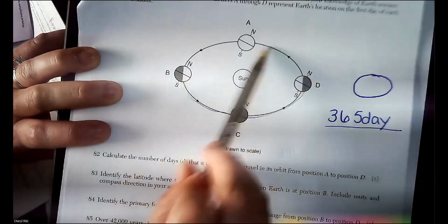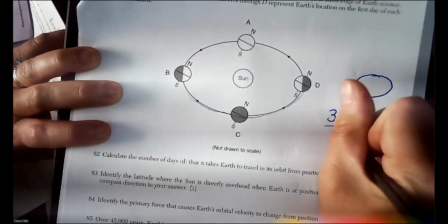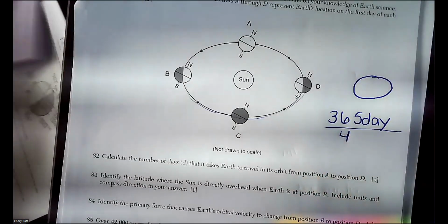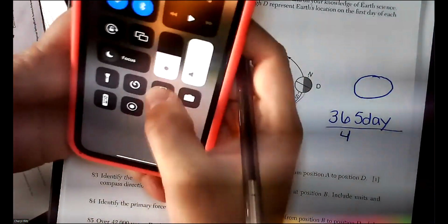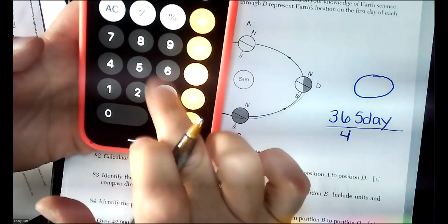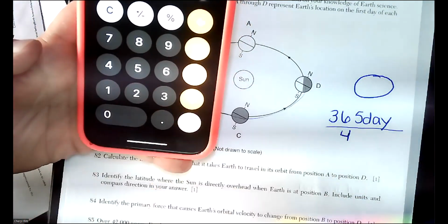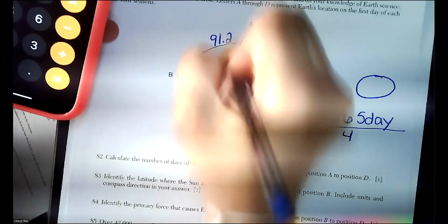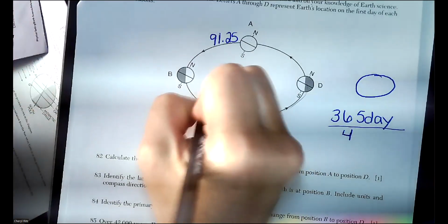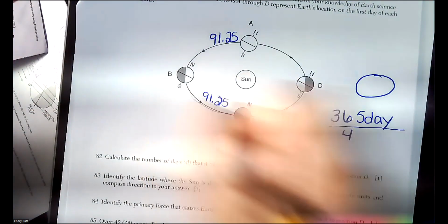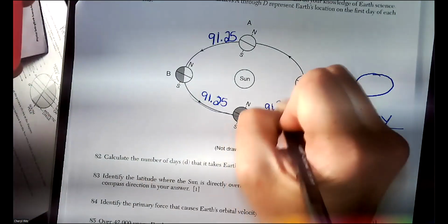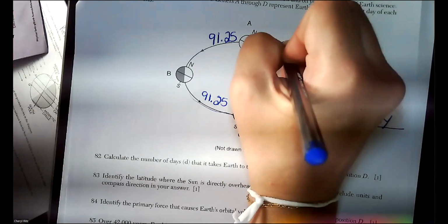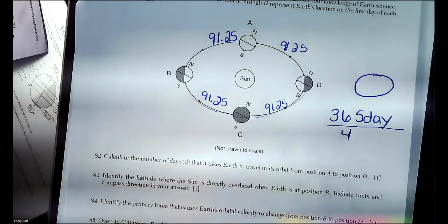There are 4 stops it has to make. So 365 divided by 4. Each one of these takes 91.25. To go from one stop to the other takes approximately 91.25 days.